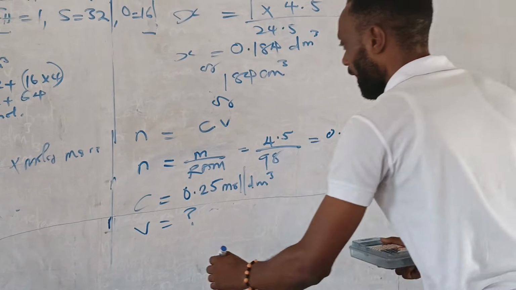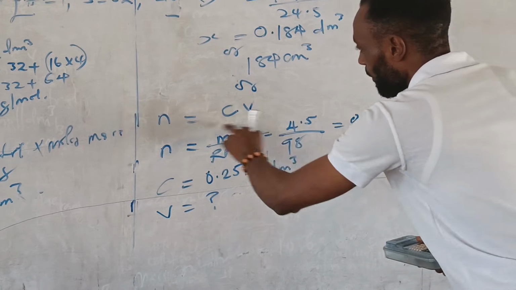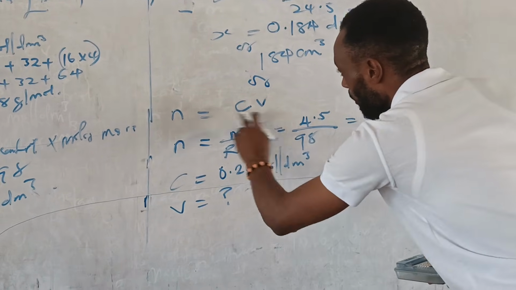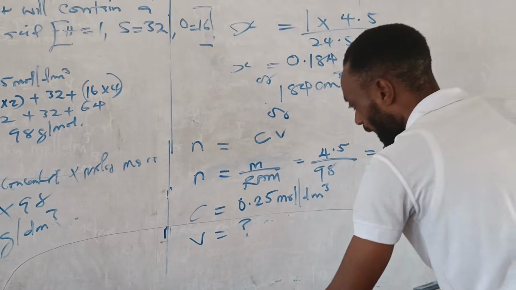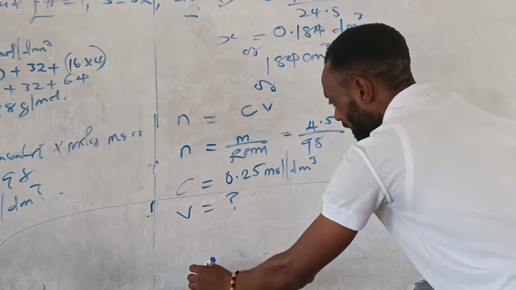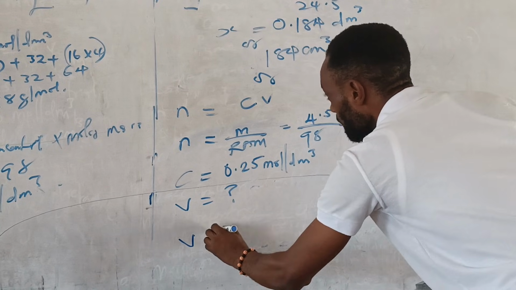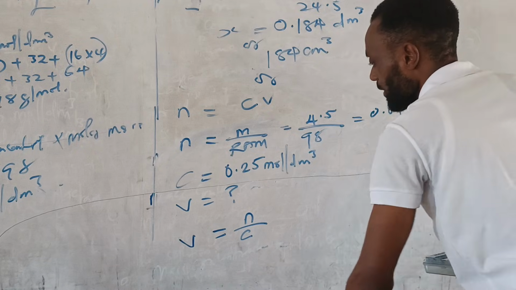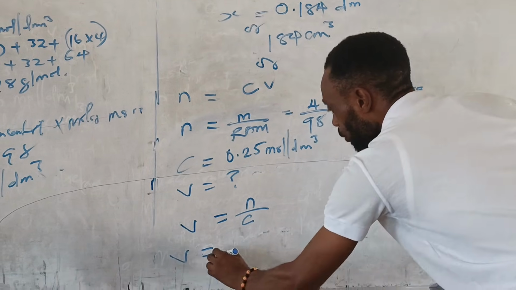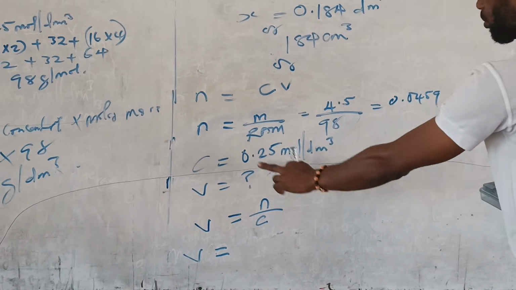So we are going from the formula that says N equals CV. We are going to make our volume the subject of the formula. By doing that, we have V equals N over C.